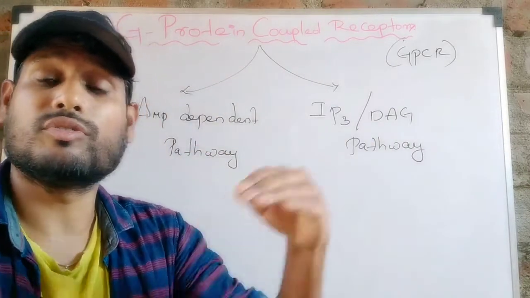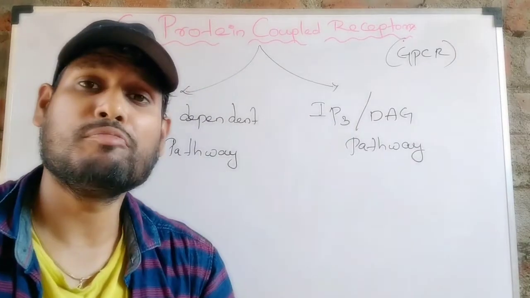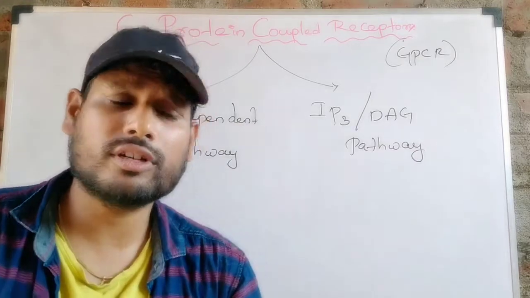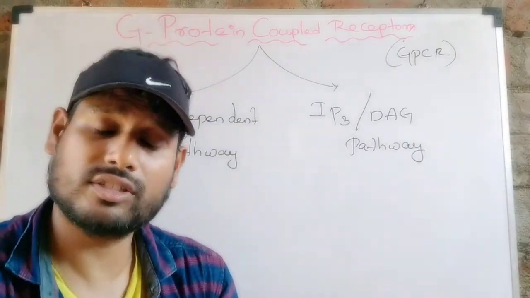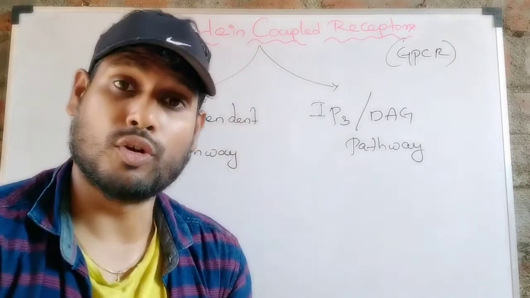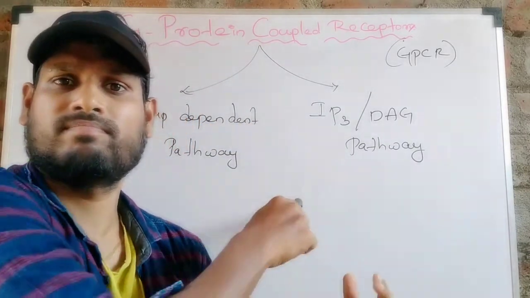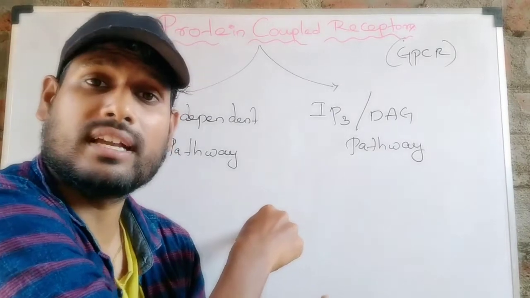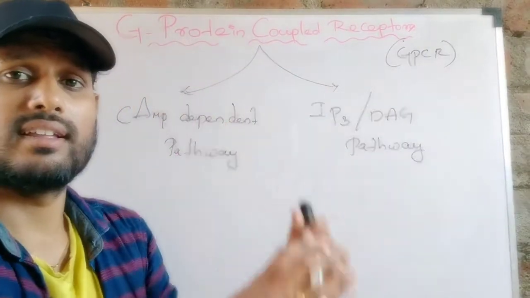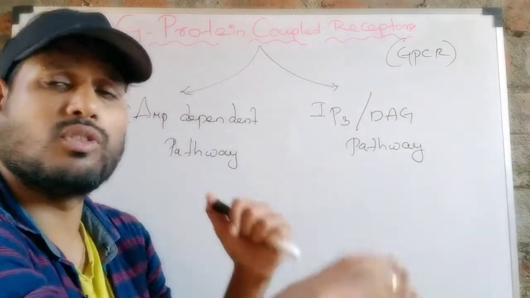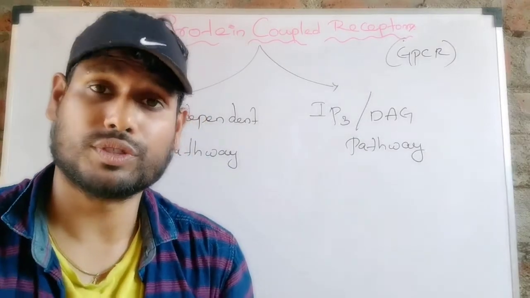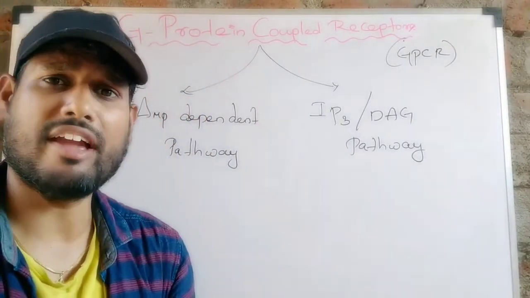For cell growth, how your cells grow, whenever you are in childhood days, you gain height and lots of cells grow, the production of cells depends upon the G protein coupled receptor. Whenever these pathways are active, you finally get cellular growth, cellular development, everything.